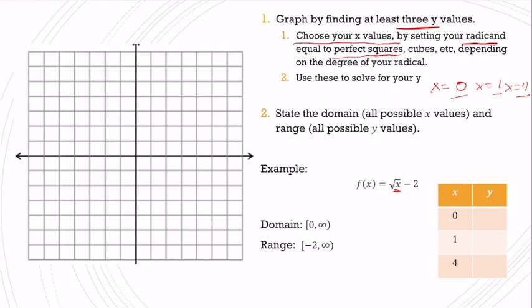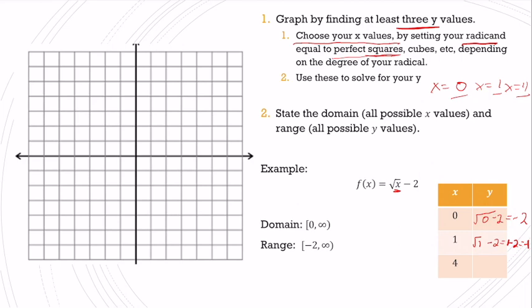So I go ahead and substitute in these perfect squares. If I take the square root of 0 minus 2, the square root of 0 is 0, minus 2 is negative 2. If I take the square root of 1 minus 2, I'm going to get 1 minus 2, which is negative 1.